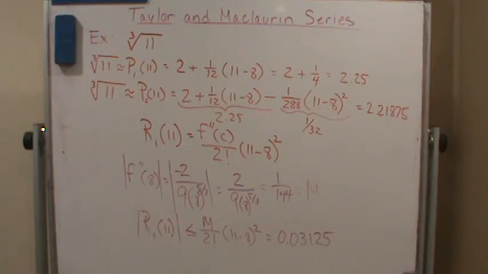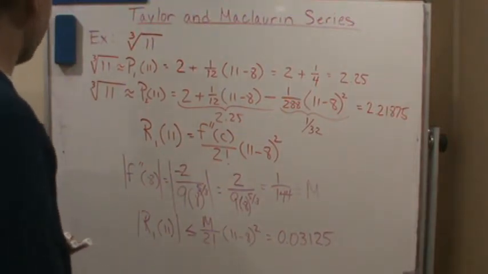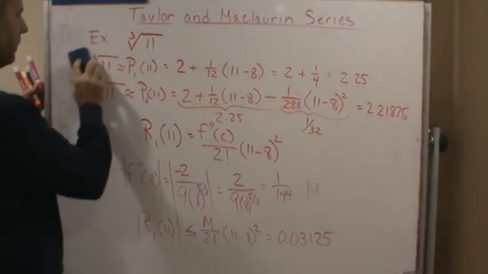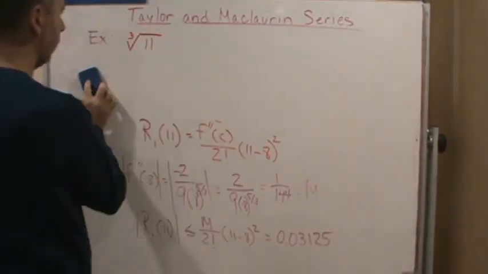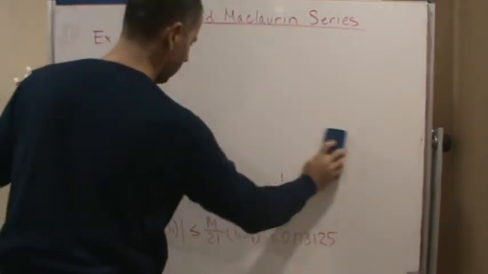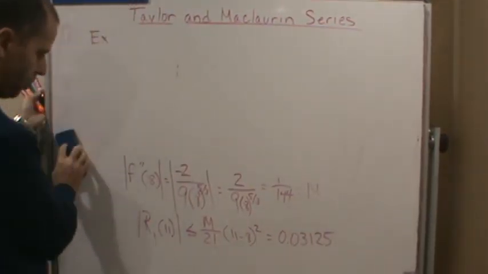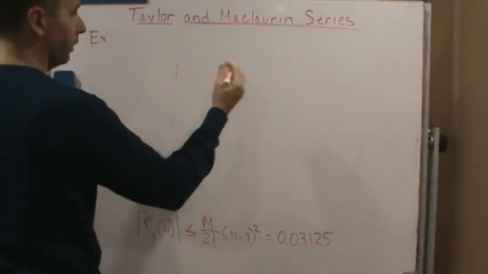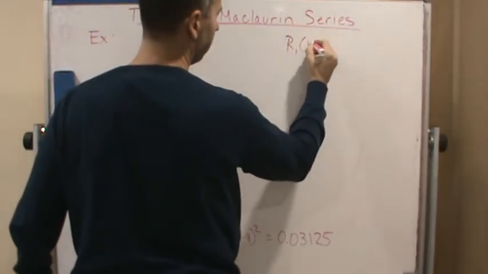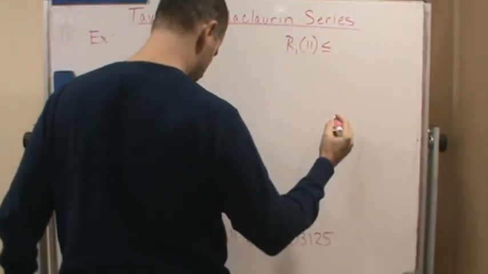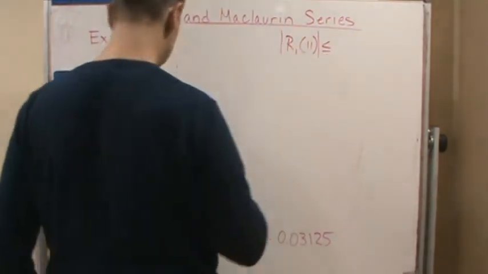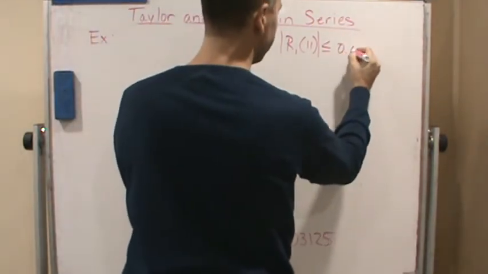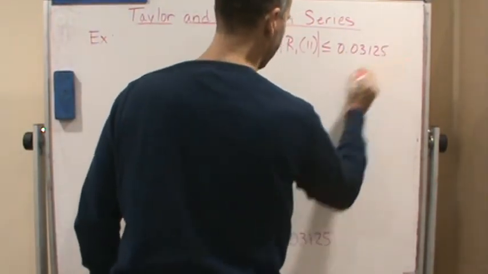Now we could do the same thing for R2. So let's do R2. Okay, let's erase this, you don't need this right now. So we got R1. Let's put this up here. We know the absolute value of R sub 1 of 11 is less than or equal to 0.03125. So that's the first one.